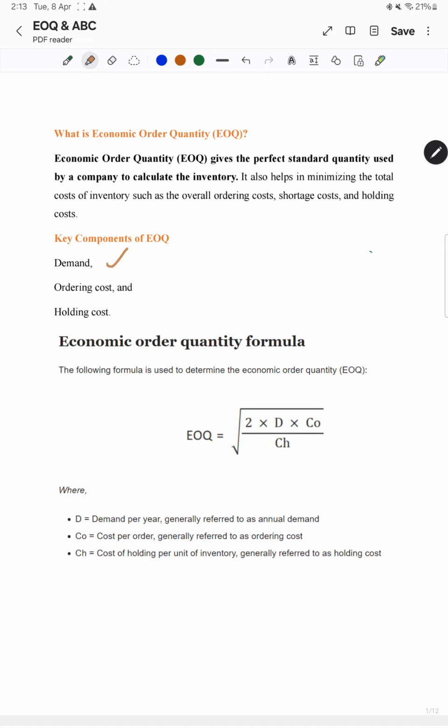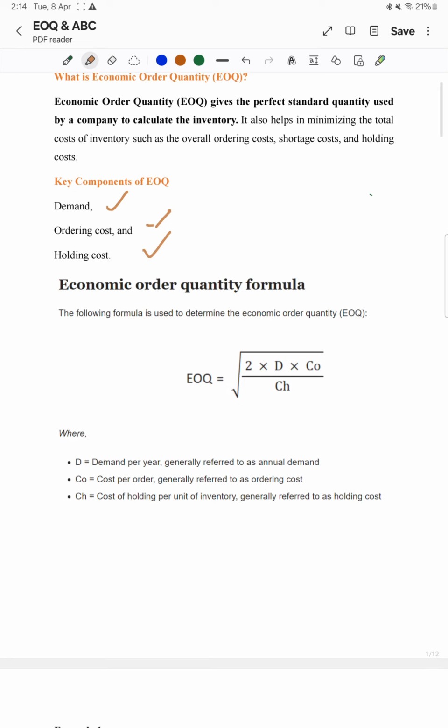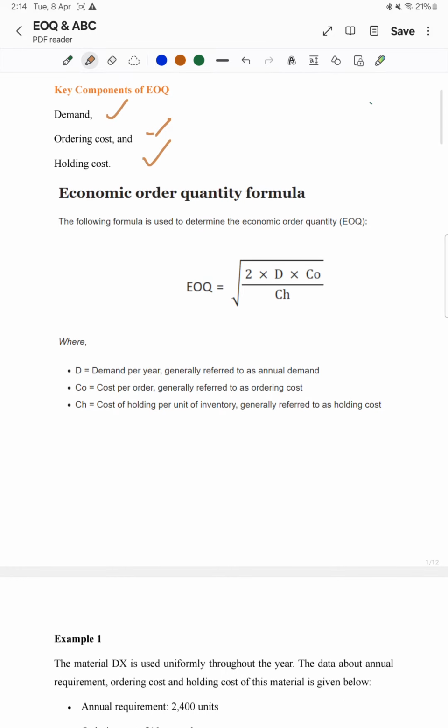Demand means how much quantity of raw material is required by a company for a financial year, and what will be the ordering cost and what will be the holding cost. If we know all these three aspects, then we are able to calculate economic order quantity.